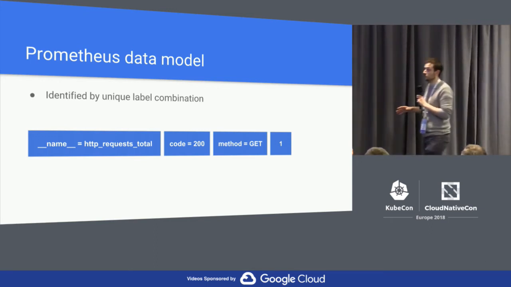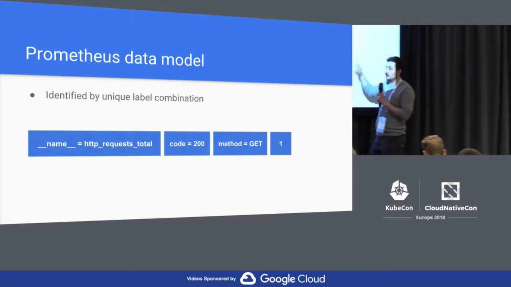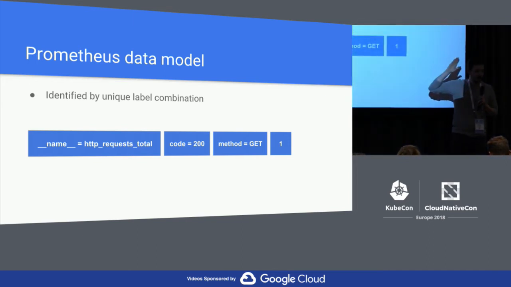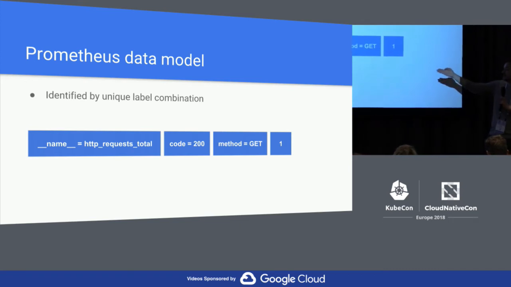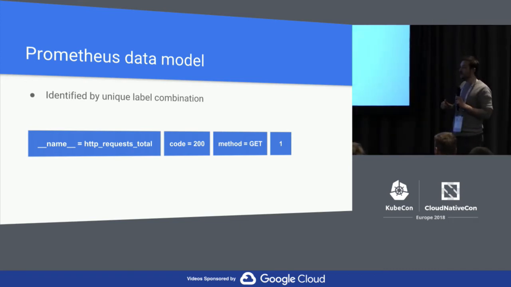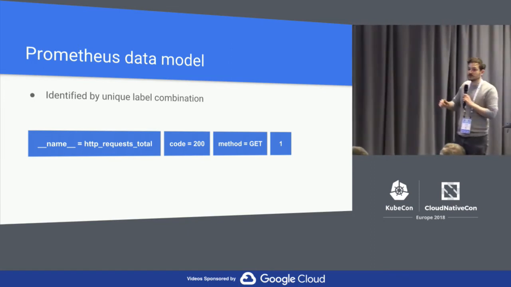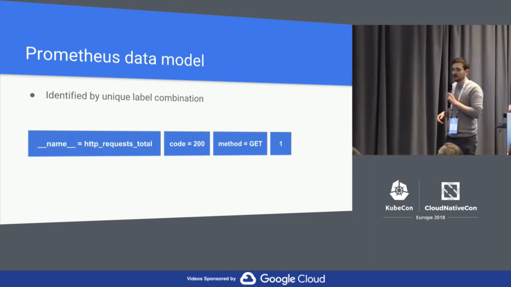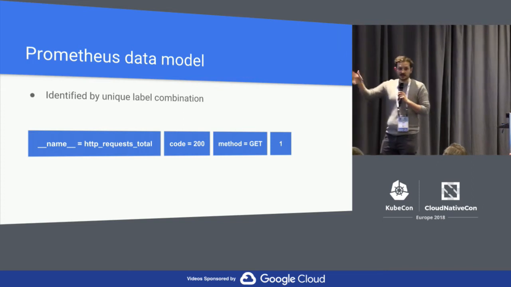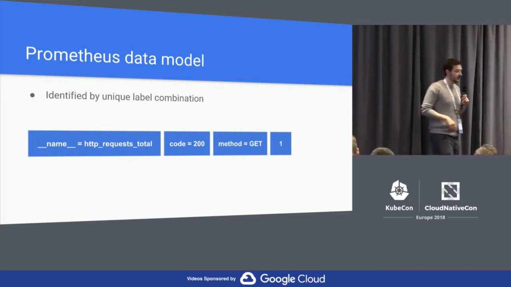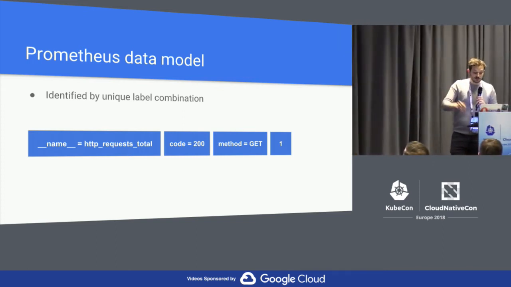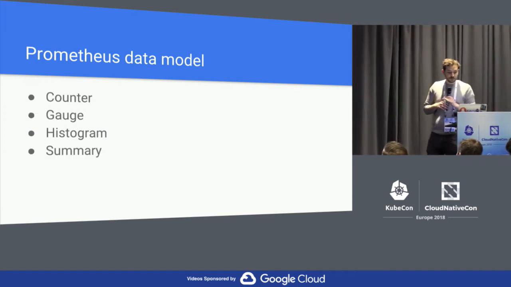So for example, you could just list all the time series that have the code 200, or more likely, you will want to see all the time series with the HTTP requests total, but you can slice and dice this in any way that you want, and then do aggregation over that, for example.